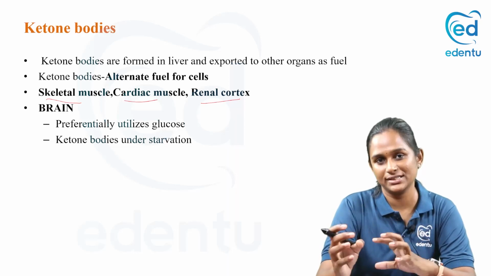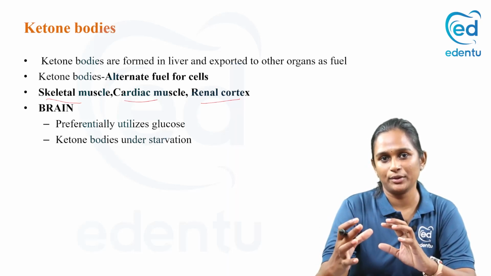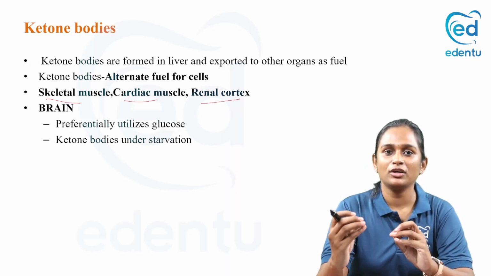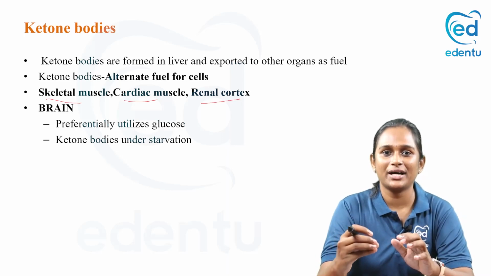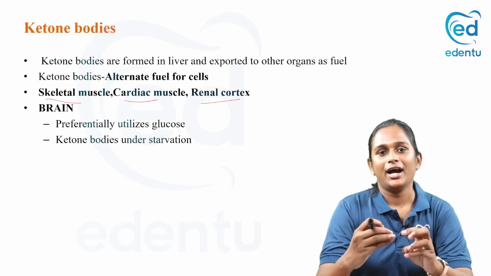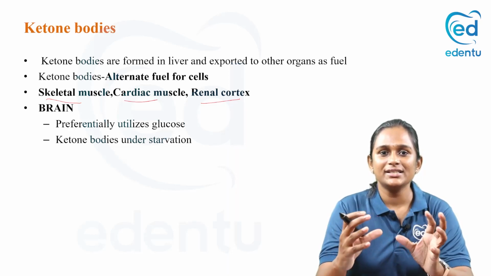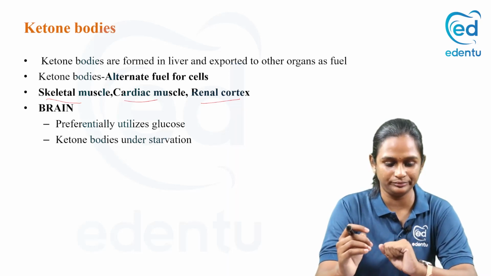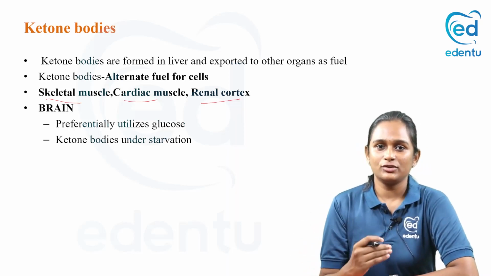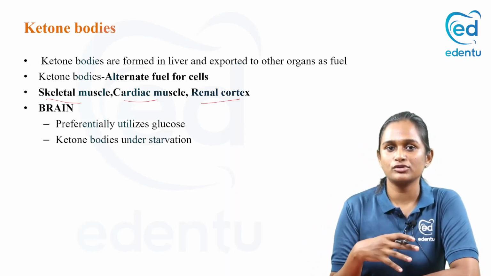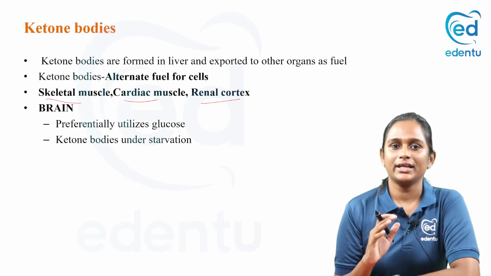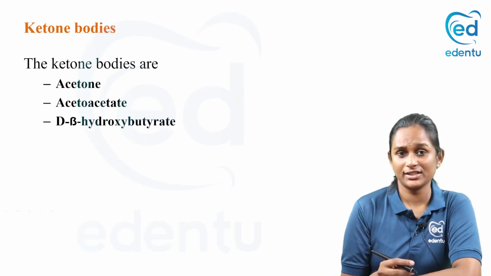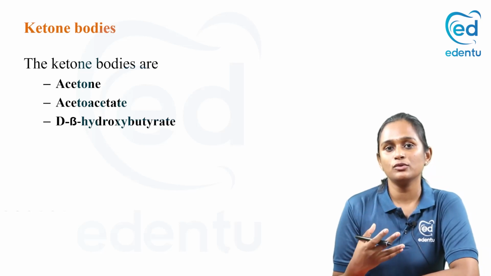For example, red blood cells, because they do not have mitochondria, depend only on glucose, especially the glycolysis pathway, for energy. Lens and cornea also solely depend upon glucose for their energy. So these ketone bodies are alternate sources of fuel for certain tissues. We will see what those ketone bodies are.